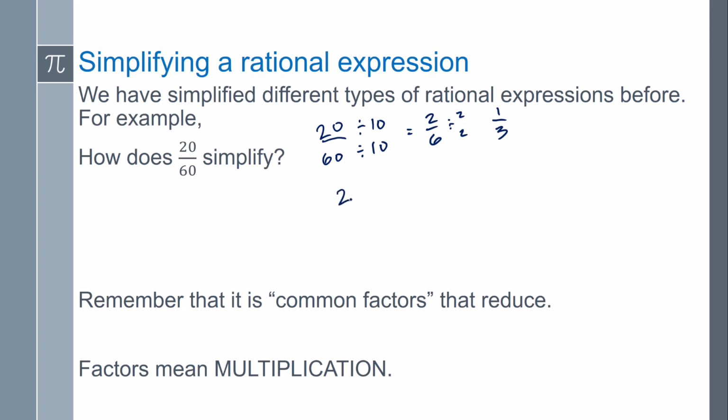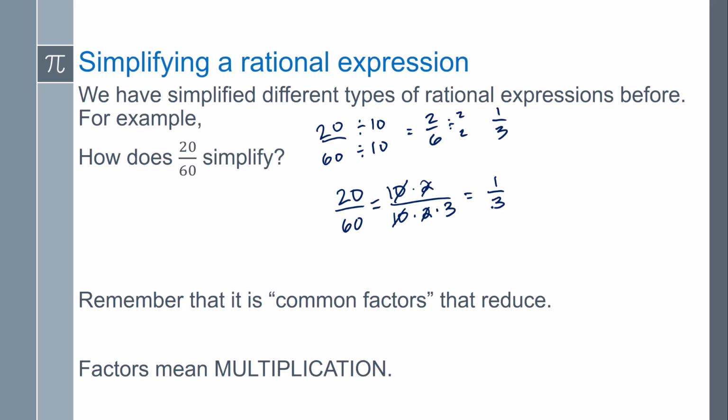So technically, this 20 over 60, I need to break up into 10 times 2, and on the bottom, I can break that up into 10 times 2 times 3. So 3 times 2 is 6, 6 times 10 is 60, and now the same factors reduce, and that's the reason why I have 1 over 3. You can only reduce that way.